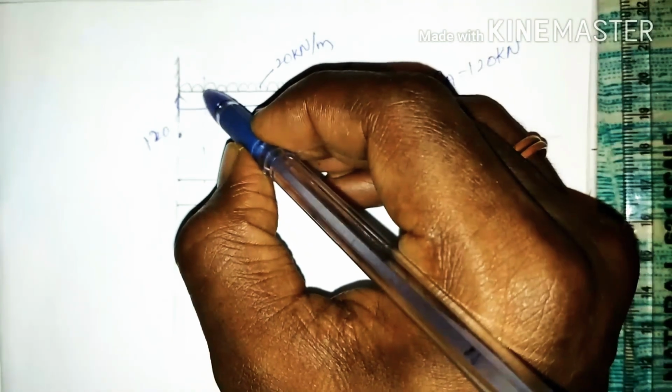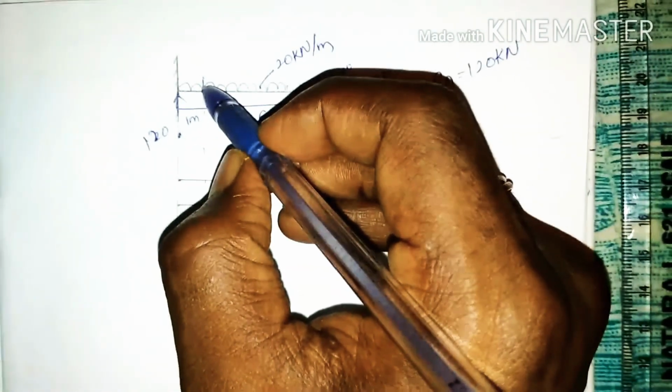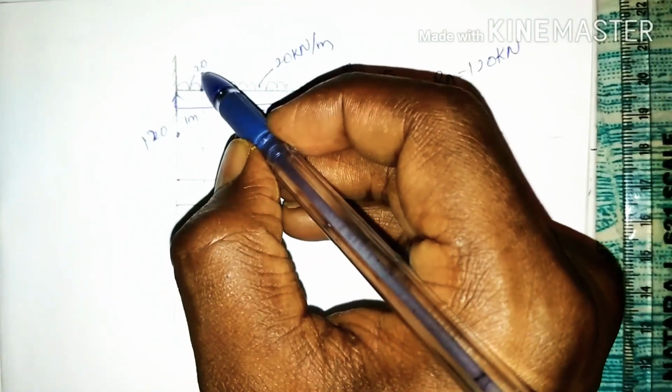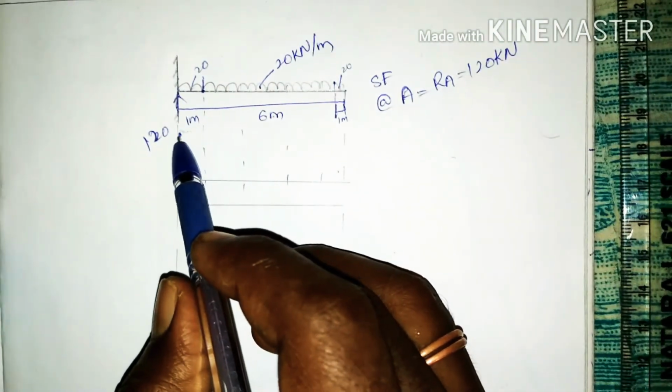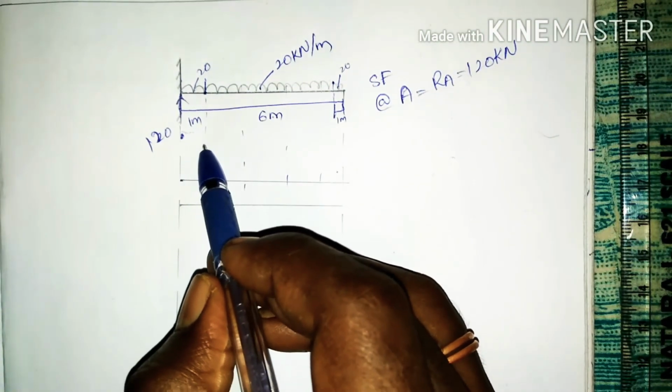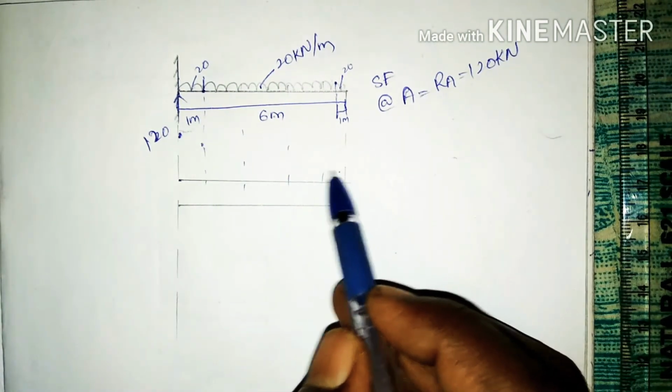If you take a point, for 1 meter, that is 20 into 1, 20, that is going to decrease, and so on like this.